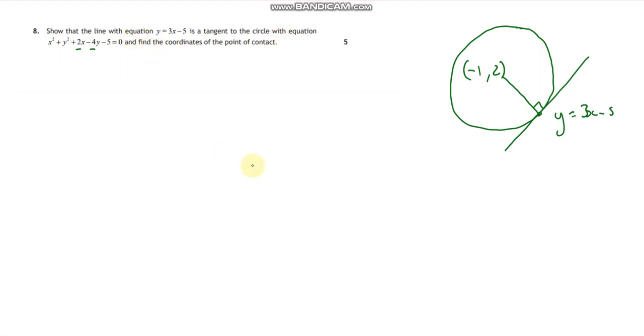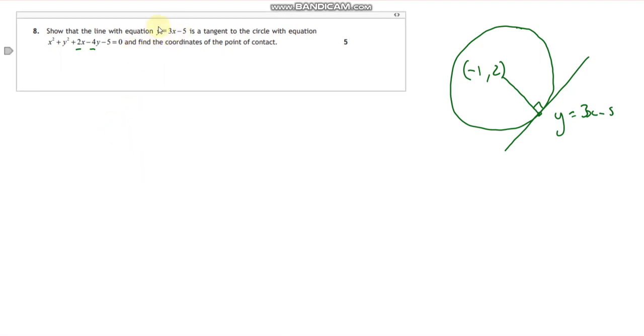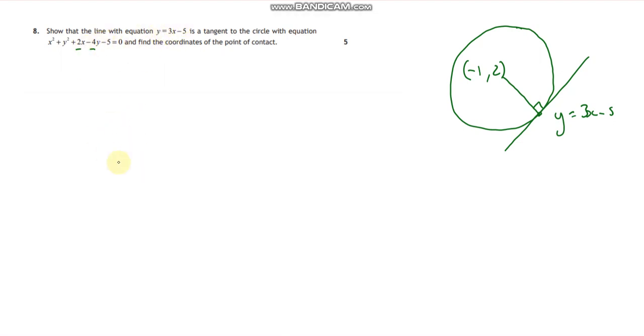Okay. So if this is a tangent, I should be able to sub this into here and it makes sense. In the same way, if we said y is equal to 4x plus 2, and someone said, prove that the point 1, 6 is on that line, you would just substitute in the point, wouldn't you?